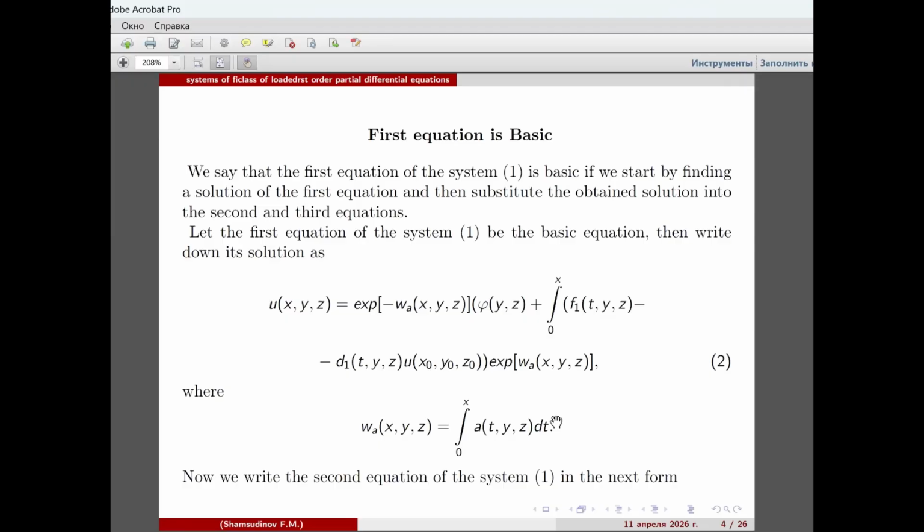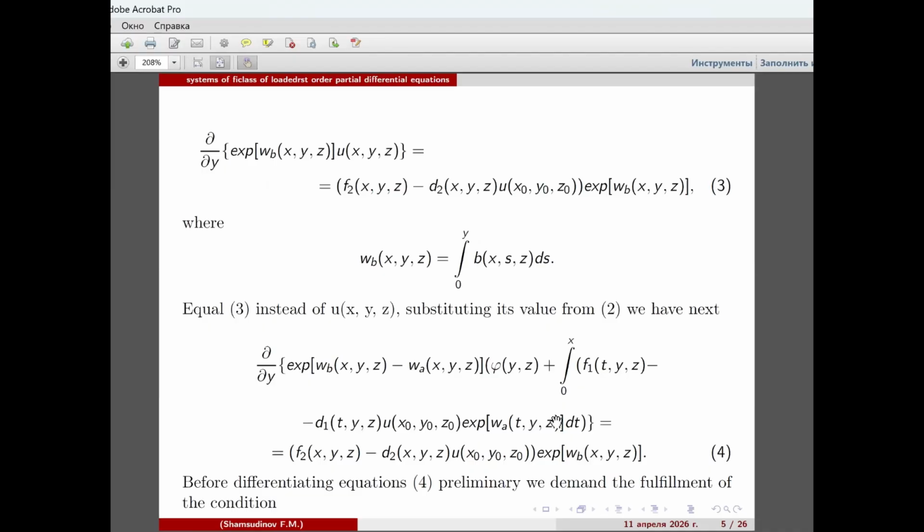Now we write the second equation of the system 1 in the next form 3, where W_B(x,y,z) equals integral from 0 to y of b(x,s,z) ds.